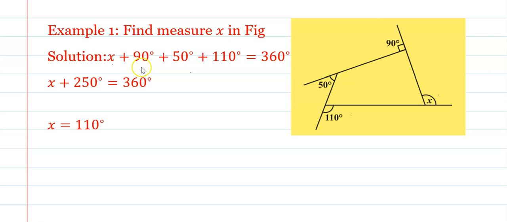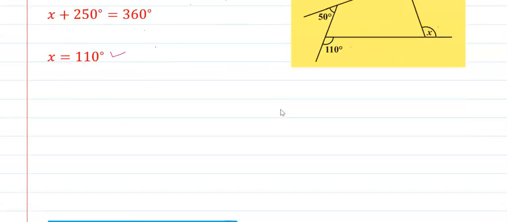Therefore, x plus 90 plus 50 plus 110 equals 360. 90 plus 50 gives 140, and 140 plus 110 gives 250. Therefore, x plus 250 equals 360, so x equals 360 minus 250, which is 110. Therefore, the measure of angle x is 110.